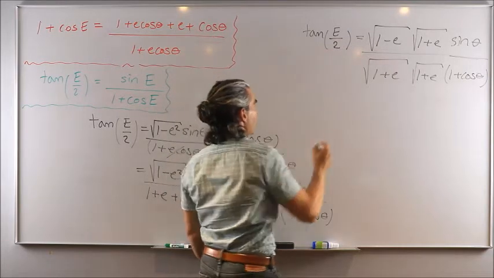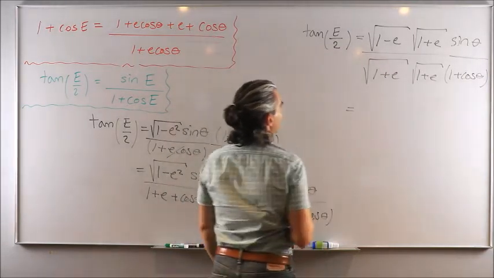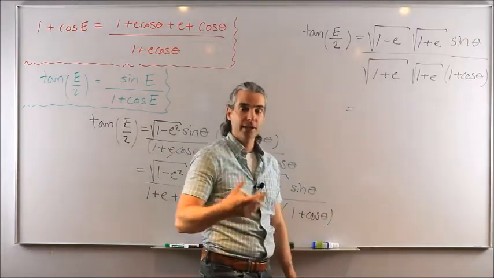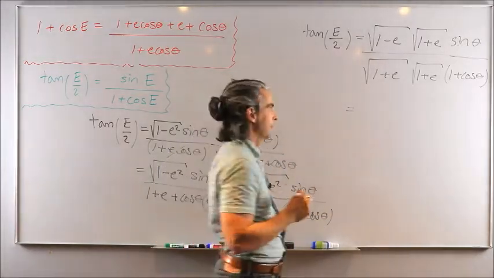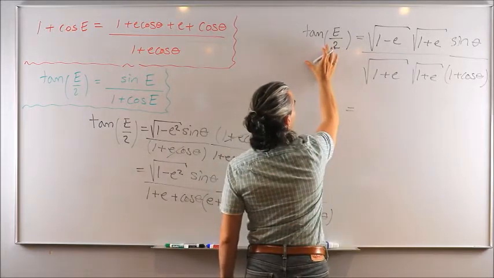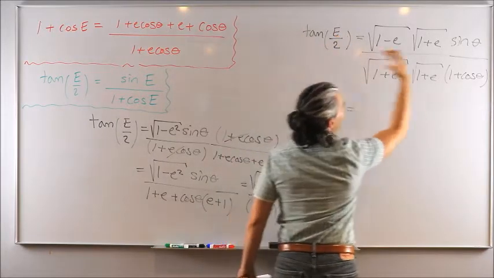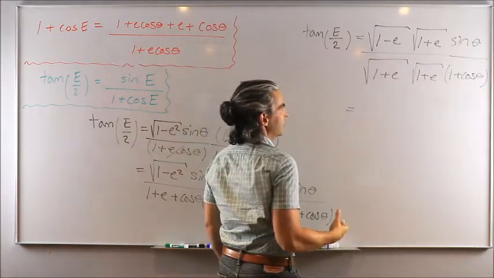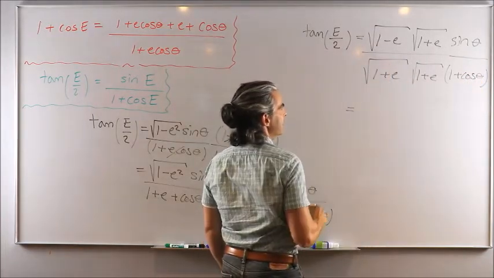And now we're almost at the end of this process, which was again to relate the true anomaly to the eccentric anomaly, if you remember. So you see on this side we have eccentric anomaly, and over there we have our true anomaly terms. So we'll just keep playing a little bit more to simplify the right-hand side.